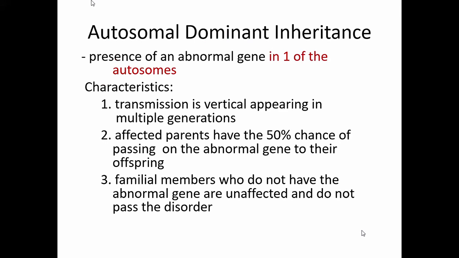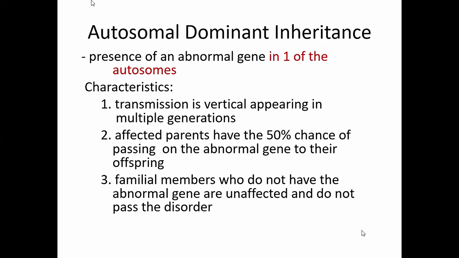In autosomal dominant inheritance, there is presence of an abnormal gene in one of the autosomes. The transmission is vertical, appearing in multiple generations, like first degree, second degree, third degree. Affected parents have a 50% chance of passing on the abnormal gene to their offspring, and family members who do not have the abnormal gene are unaffected and do not pass on the disorder.